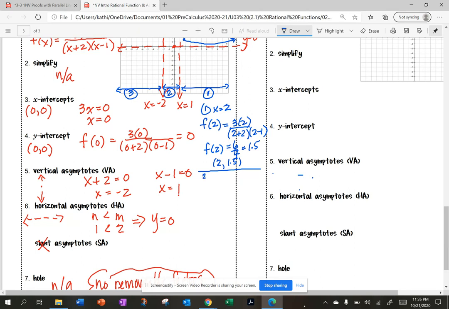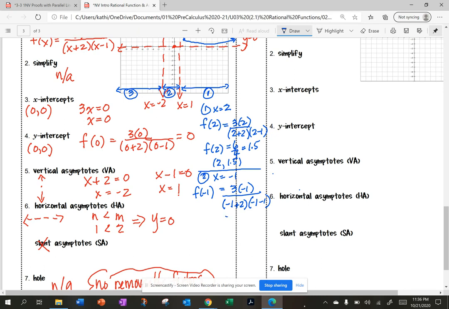So at x equals -1, f at -1 is 3 times -1 over -1 plus 2 and -1 minus 1. So 3 times -1 is -3.